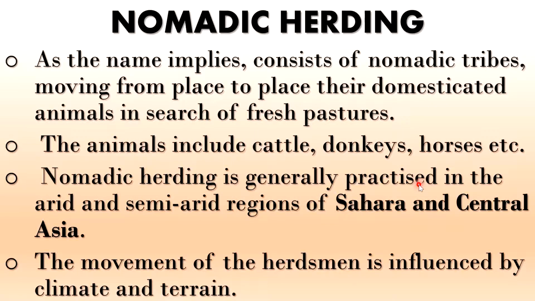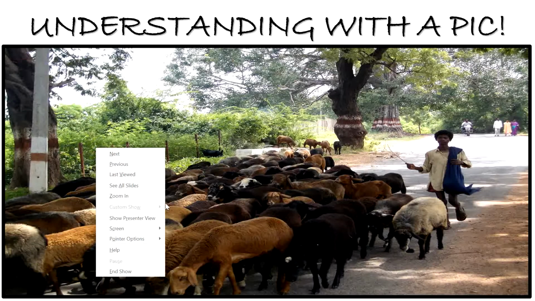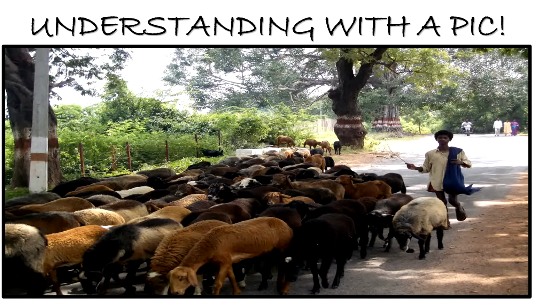And the movement of the herdsmen is influenced by climate and terrain. Why do they move, right? They move by seeing the climate and the terrain, right? So you can see a pic that they are roaming. You can see that this is a person who is making them roam from one place to another.